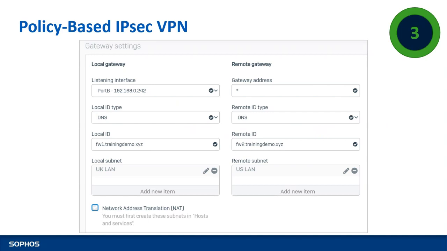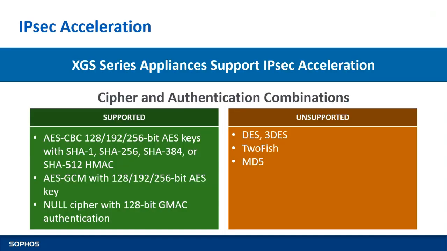The IPsec VPN can also have an ID, which can be based on DNS, the IP address, email address, or others. Finally, you need to define which networks will be enabled through the VPN: the local networks that remote devices will be able to access and the remote networks that you expect to be able to access through the VPN.